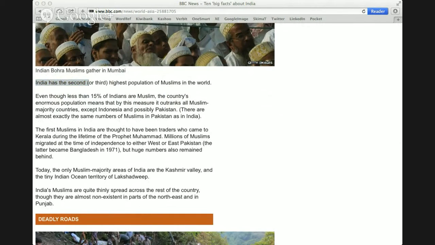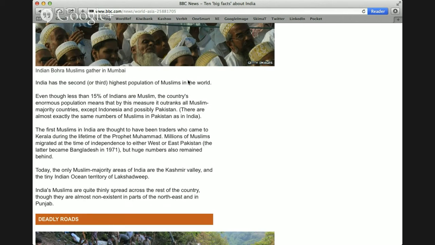If India was a Muslim state, India has the second or third highest population of Muslims in the world. Even though less than 15% of Indians are Muslim, the country's enormous population means that by this measure it outranks all Muslim majority countries, except Indonesia and possibly Pakistan. There are almost exactly the same numbers of Muslims in Pakistan as in India. The first Muslims in India are thought to have been traders who came to Kerala during the lifetime of the Prophet Muhammad.